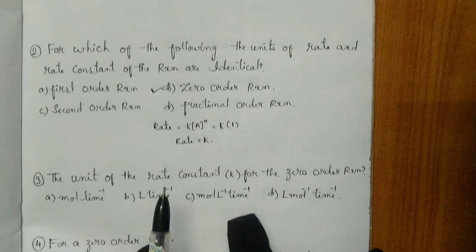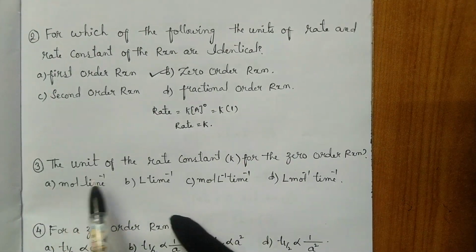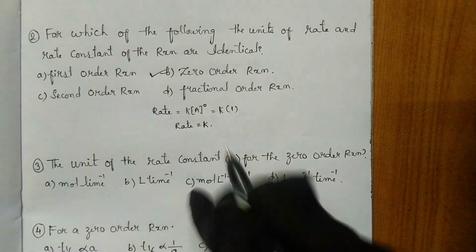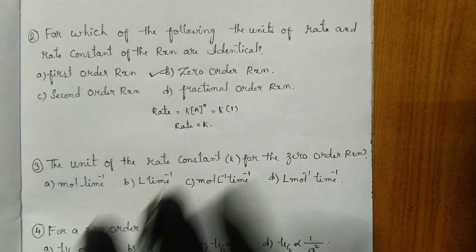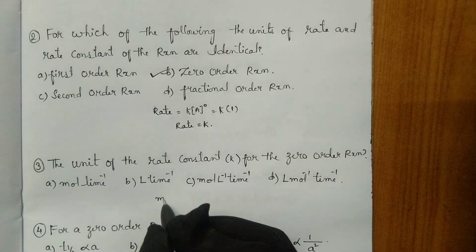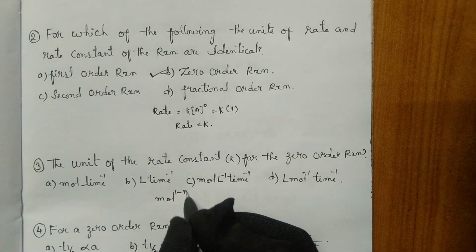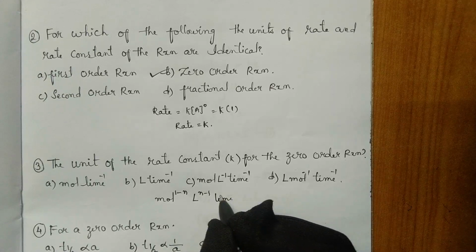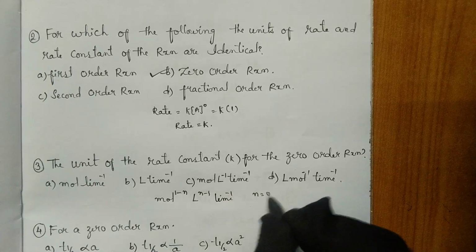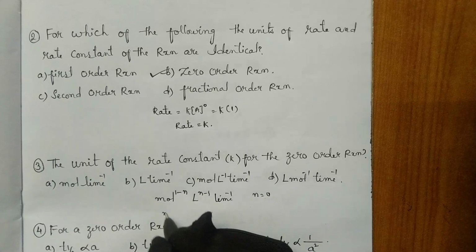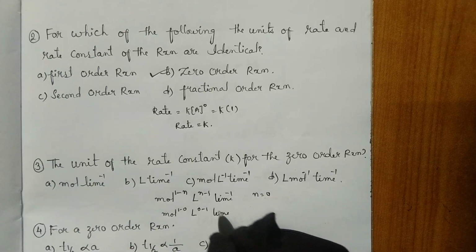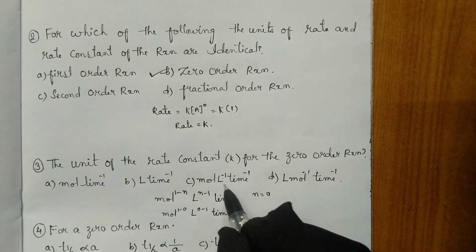Now the third problem is the unit of the rate constant K for a zero order reaction. If we don't know the units, but we know the formula, mole power 1 minus n, liter power n minus 1, per time, then we can easily find out, right? If we substitute n equals 0, then mole power 1 minus 0, liter power 0 minus 1, per time, and we will get mole per liter per time.